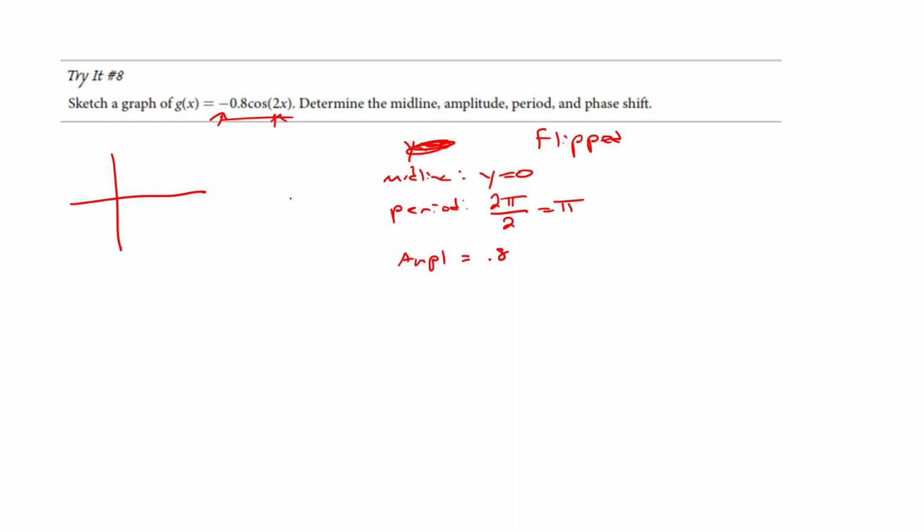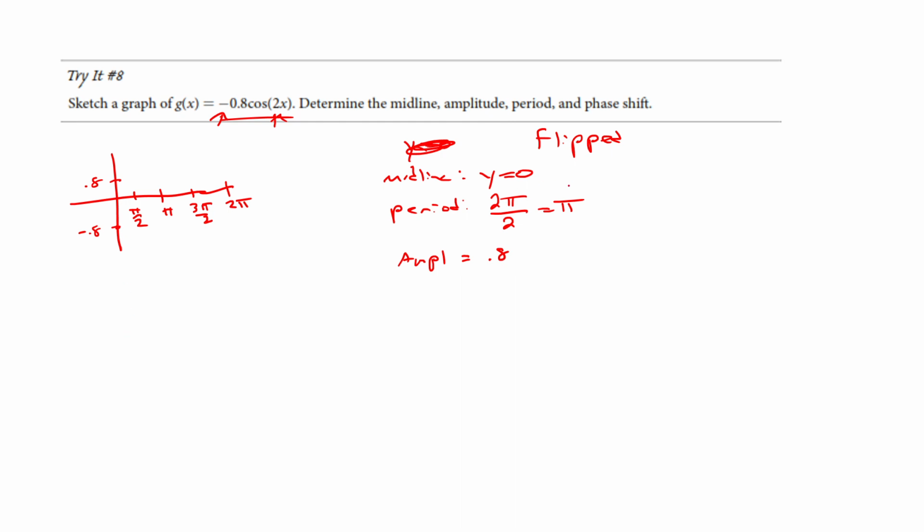Okay, so let's start building. First of all, this is going to go up to 0.8 and down to -0.8. Now we're doing a cosine function, so cosine functions usually start at 1 and then go down. They start up and go down, but we flipped this upside down. So we've turned a cosine function upside down and we are starting here.